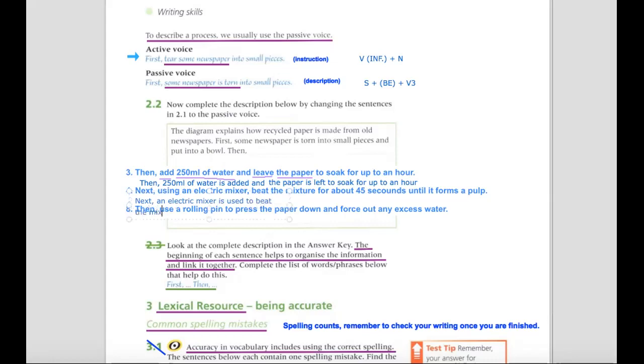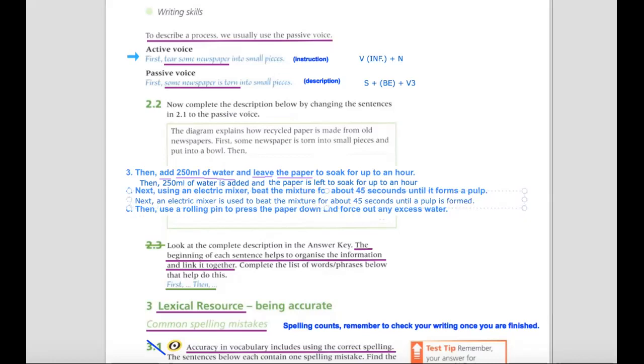To beat the mixture for about 45 seconds, okay, until a pulp. So here we can use passive again, until a pulp is formed.